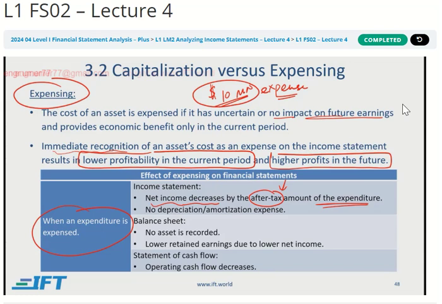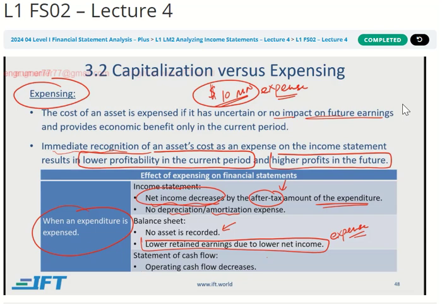But still it is going to destroy your net income for that year. And since you're not capitalizing anything, therefore no depreciation or amortization expense will be required. No capitalization is done, so no asset is recorded on the balance sheet. However, your equity is going to take a huge hit because that's what happens when you book an expense.